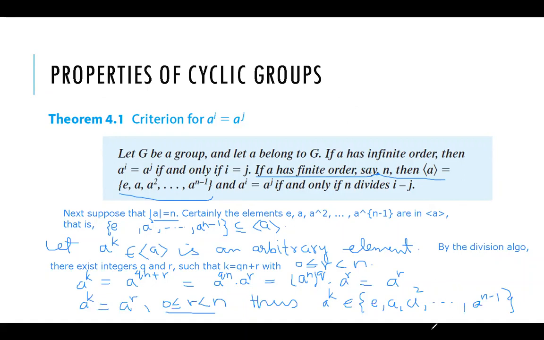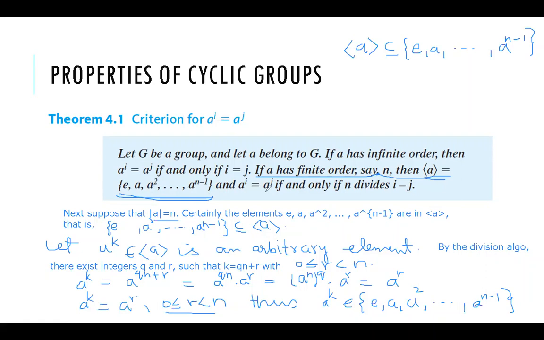From here we have seen that the subgroup generated by a is a subset of the set {e, a, a square, and so on, a^(n-1)}, and from these two inclusions, we have established that this subgroup is equal to this set.